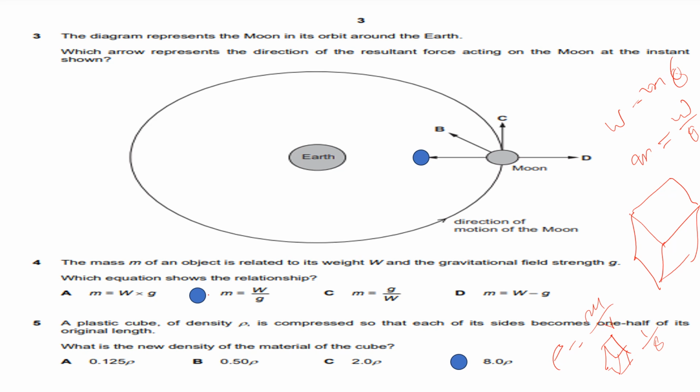New density rho will be 8 times the previous density. So D is the correct answer.